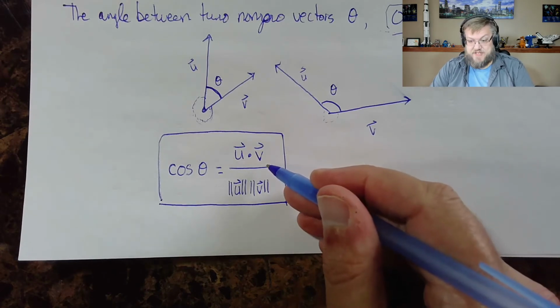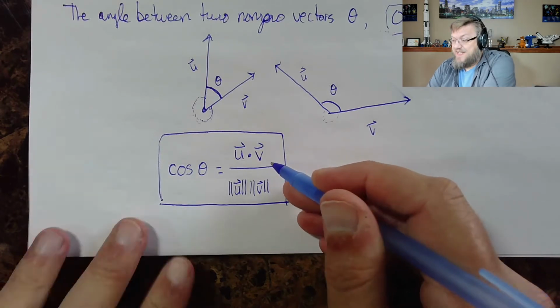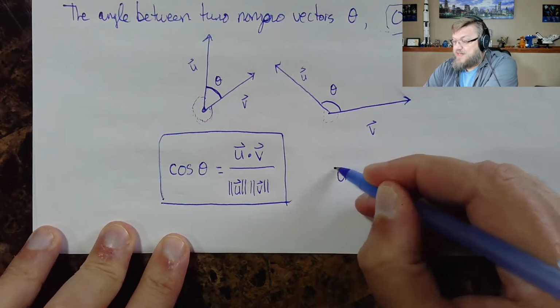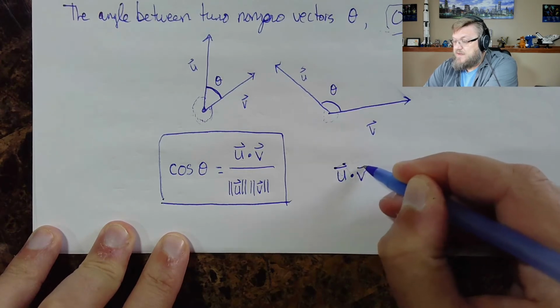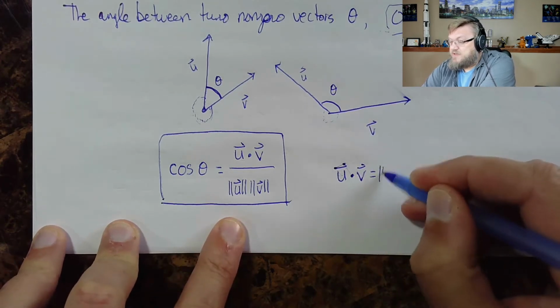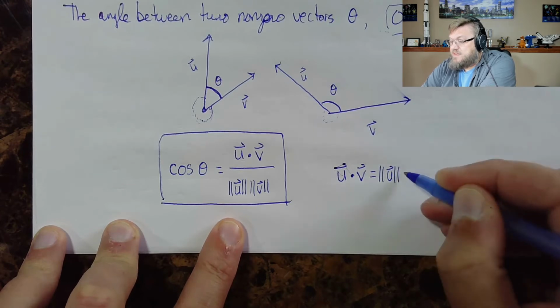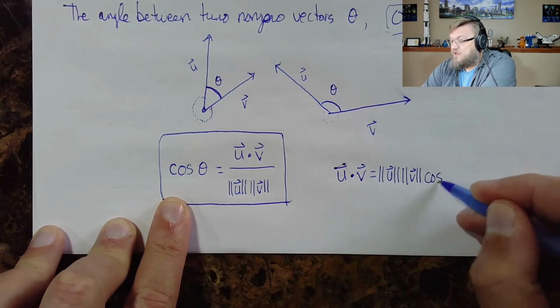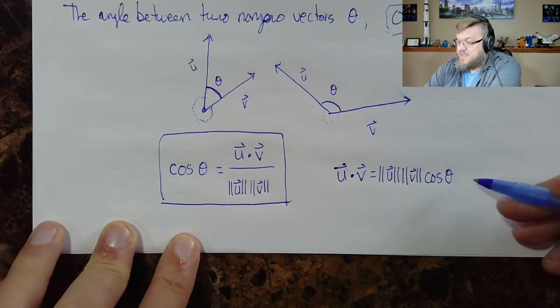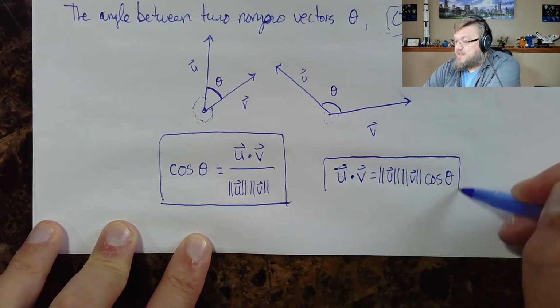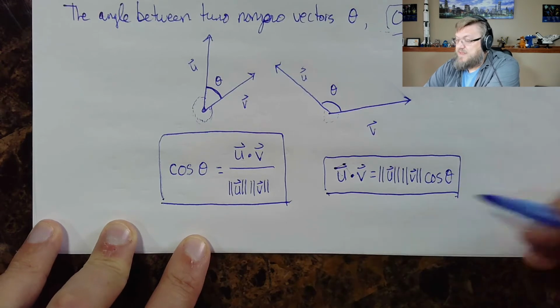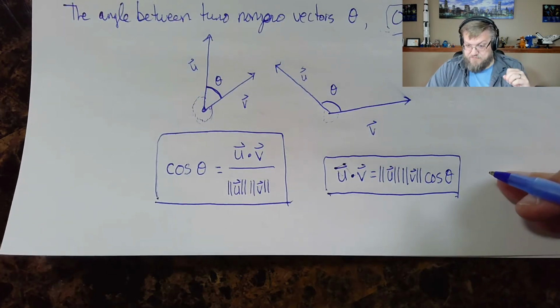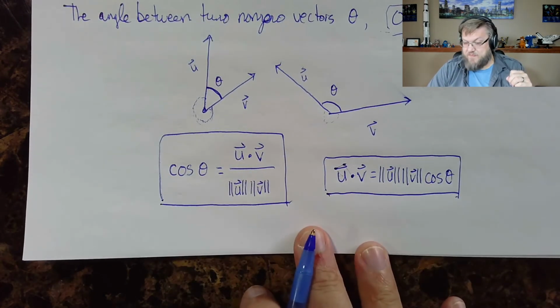You can solve this for the dot product, just like I said, and now you would have that the dot product of these two vectors is also equal to the magnitude of the first vector, u, times the magnitude of the second vector, v, times cosine of the angle between them. See that? So this is an alternative formula for the dot product. So we have the component version that we can calculate, and that's really useful.